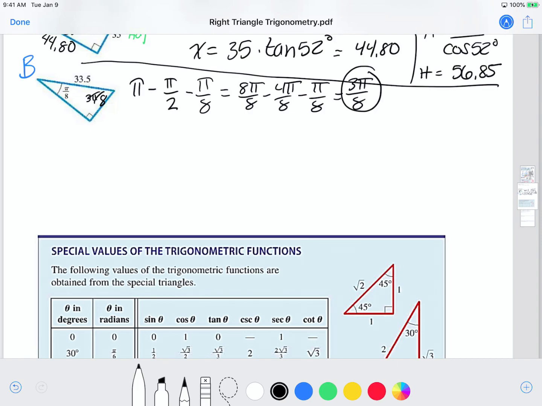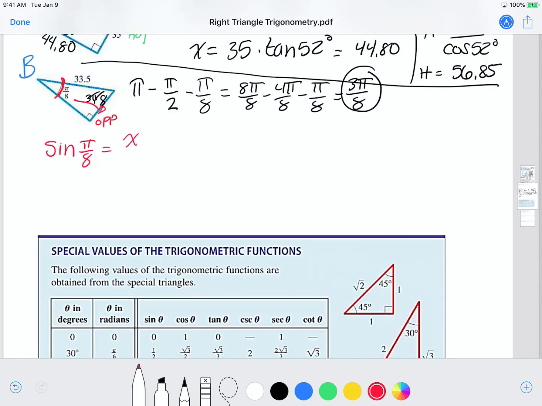Now let's find the other two sides using what we know about our trig ratios. If I look at this angle right here, pi over 8, along with the hypotenuse, this side here would be my opposite side. And opposite over hypotenuse is my sine. So I could take the sine of pi over 8, and that would be equal to my opposite over hypotenuse.